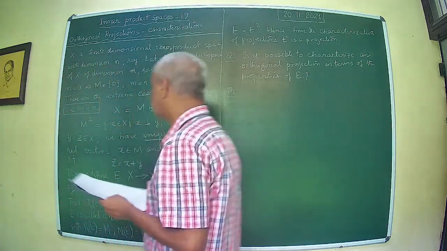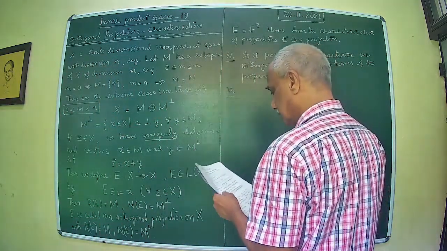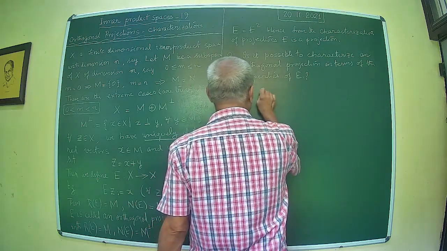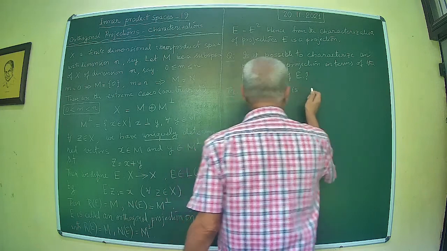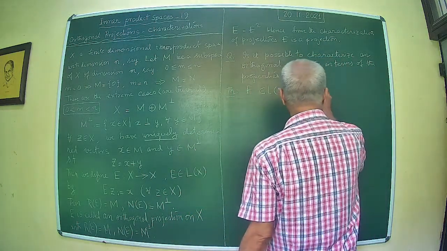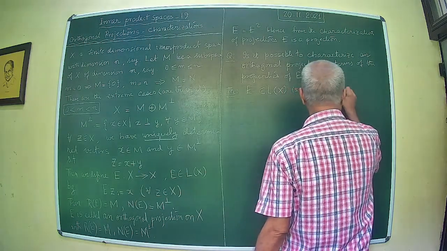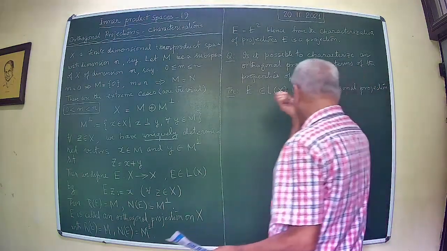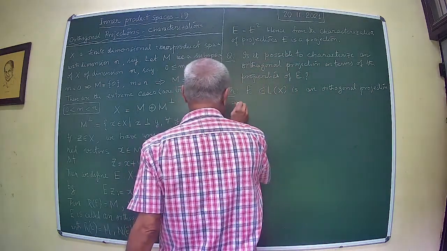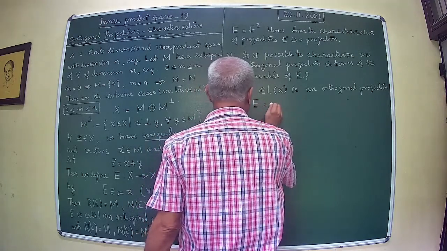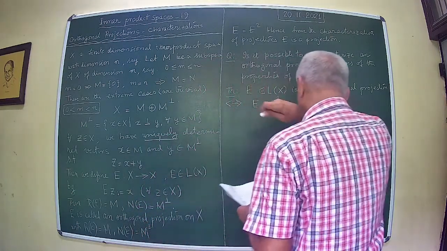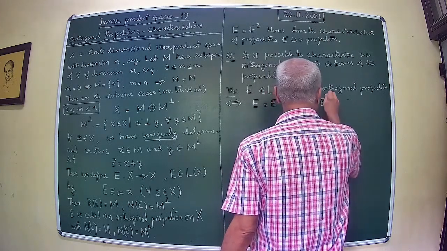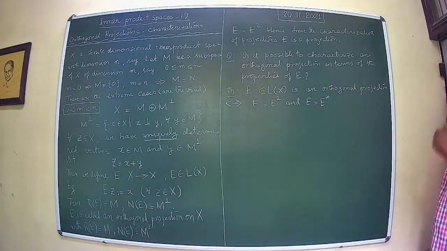Okay, so we have the following result. E is an orthogonal projection if and only if E equals E square and its adjoint operator, that is, E is self-adjoint.